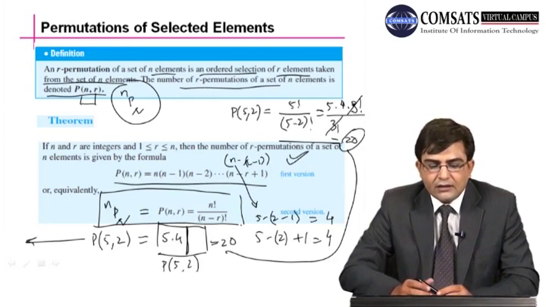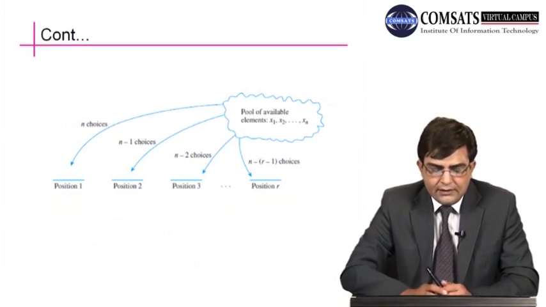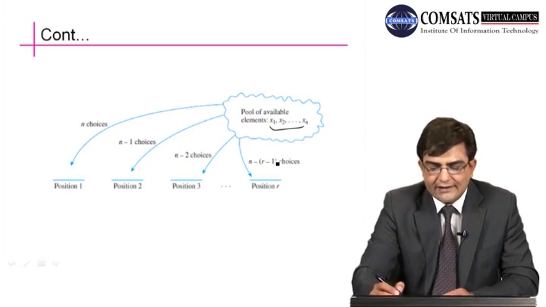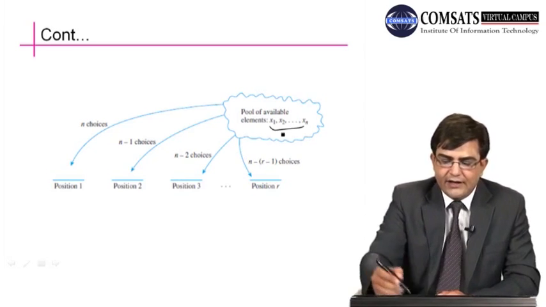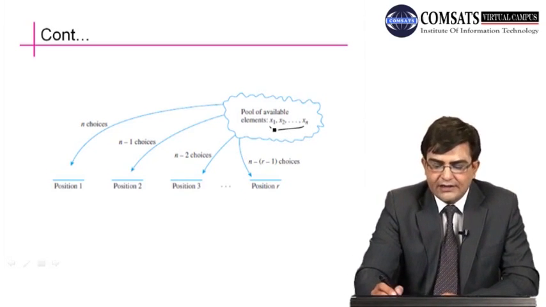So this is how we can calculate permutation of selected elements. Suppose that we have n elements x1, x2, and so on up to xn, and we have to arrange r elements out of these n elements.